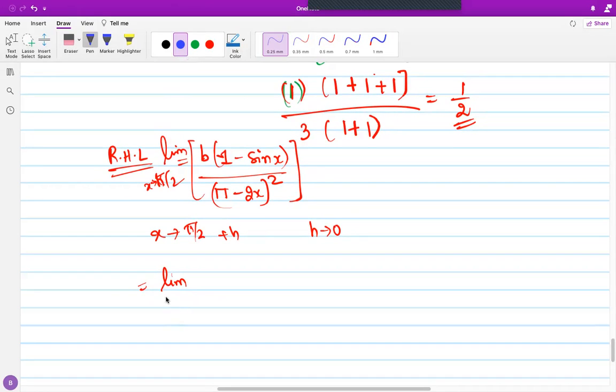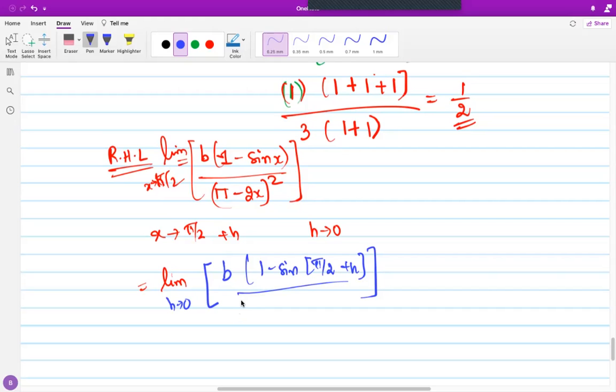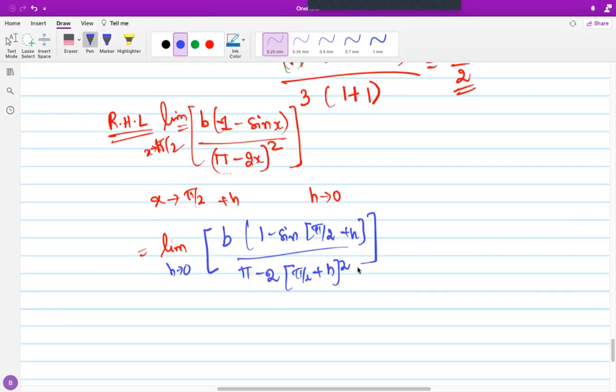I'm going to apply h tends to 0, so b as it is, 1 minus sine of (pi by 2 plus h), divided by (pi minus 2 into (pi by 2 plus h)) the whole square.